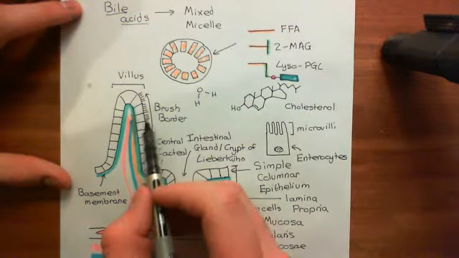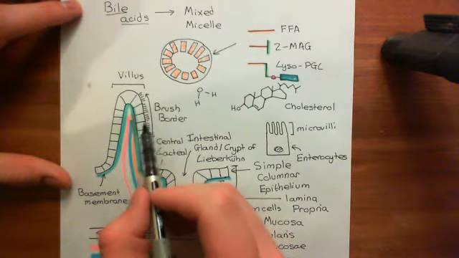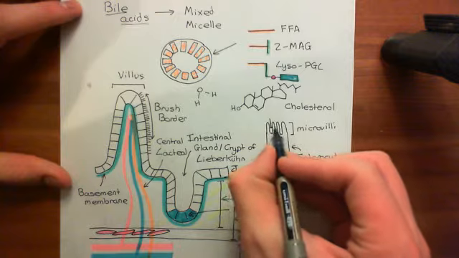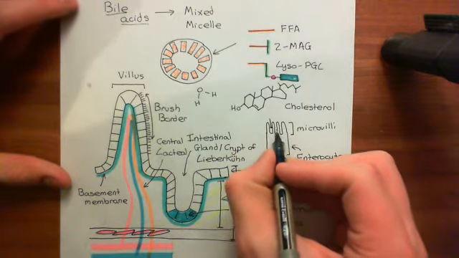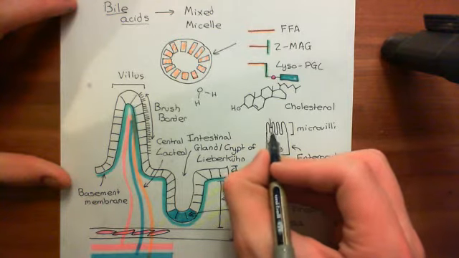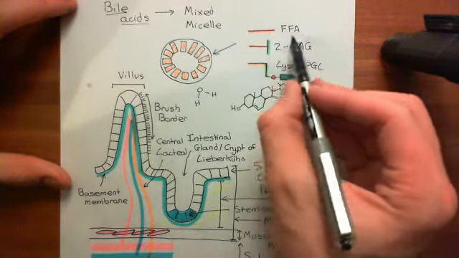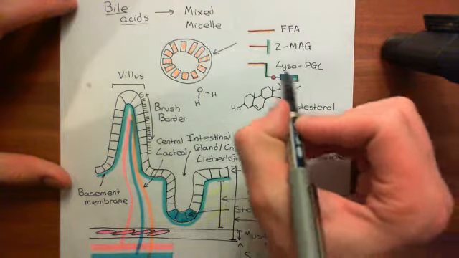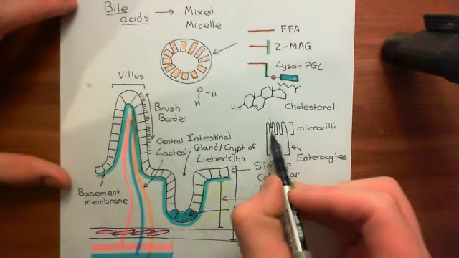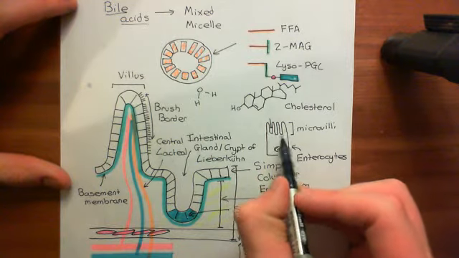They're going to bring them to these enterocytes here, and they're going to go down these little gaps between the microvilli. When they go down these little gaps and they're surrounded by membrane, these molecules, which are all extremely lipid soluble, will end up leaving the mixed micelles and going into the membrane of these enterocytes.